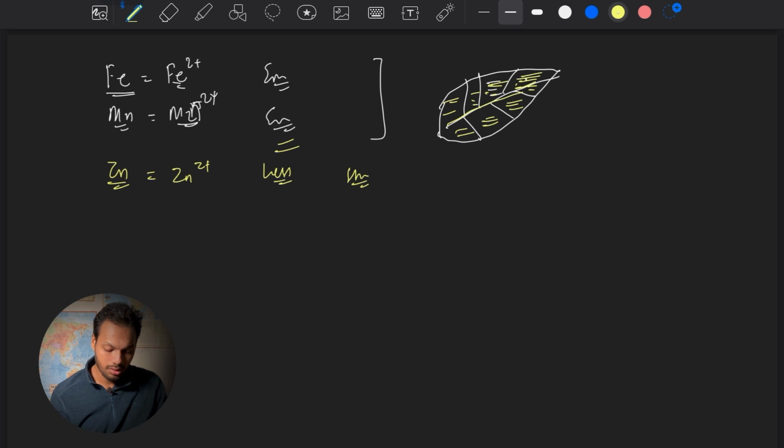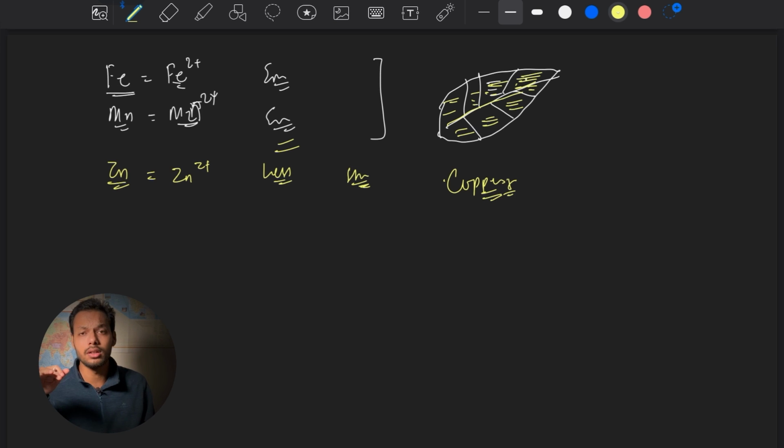Due to zinc deficiency you will get the symptom at the younger leaves because it is a less mobile nutrient. The leaf will become significantly smaller, and in cereals at the 2 to 4 leaf stage, or young leaf stage, you will find a coppery color in the leaf.